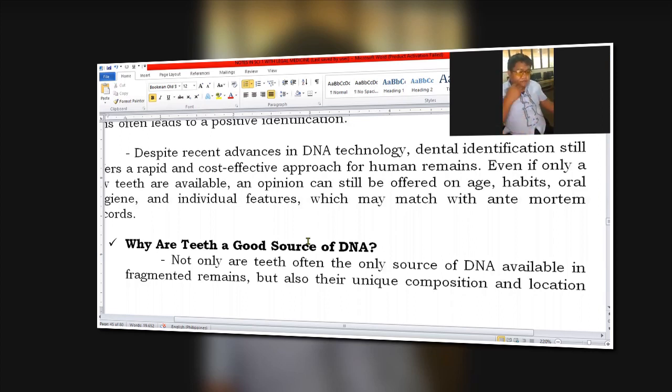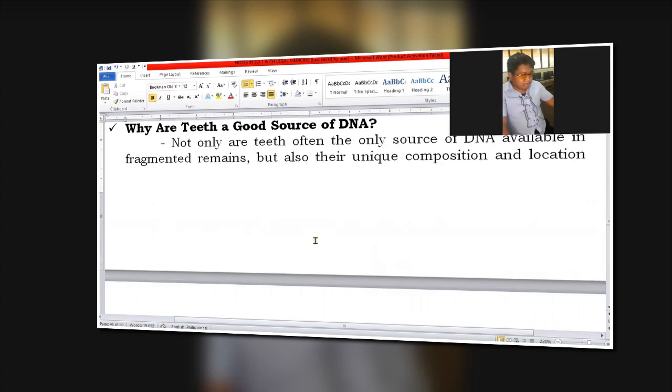So if you are an investigator and you do not know these medico-legal techniques, that teeth can be used, then you will not give it attention. But if you know that teeth can be used to identify a person for purposes of any investigation, then you will preserve it. Then request a forensic odontologist to conduct such examination and analysis.